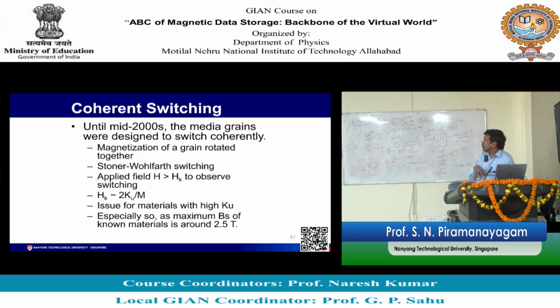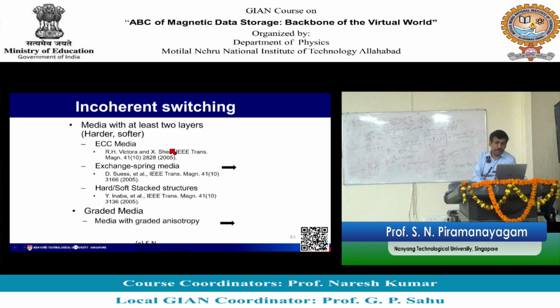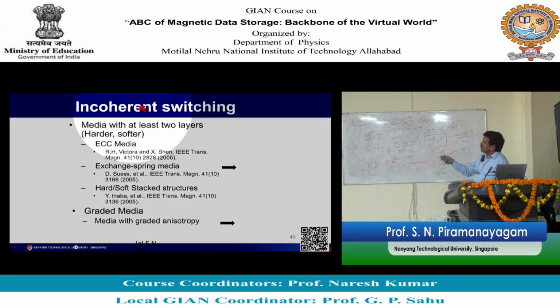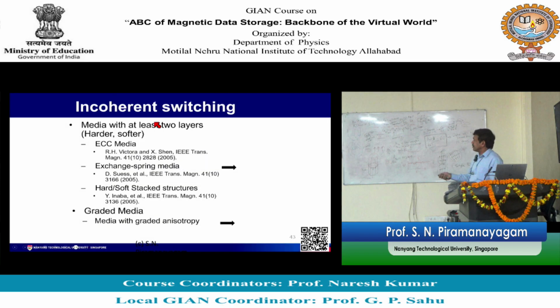Okay. So, if you want to switch further, we have to move away from this. Okay. We have to go away from coherent switching to something called incoherent switching. Okay. So, there have been many ideas floated around to achieve this incoherent switching. Okay. So, I will not go through all the details, but I will give you a very simple explanation.